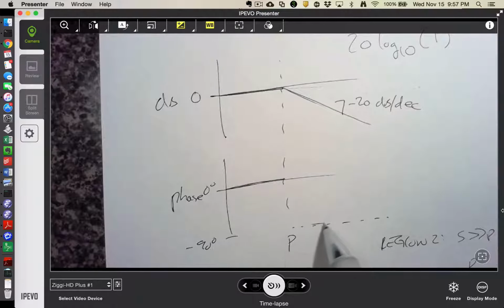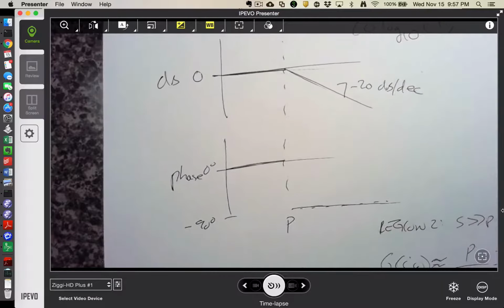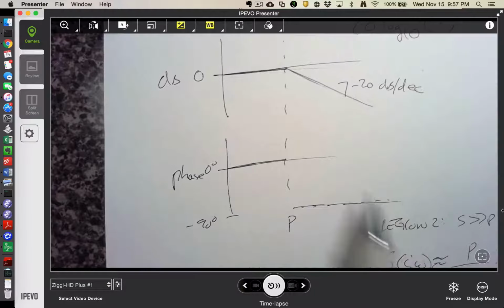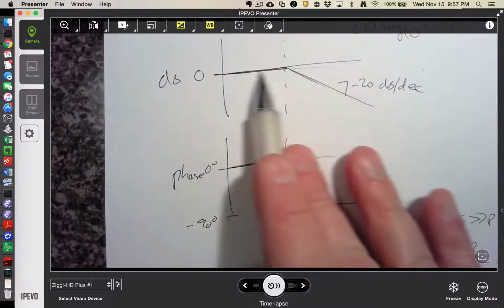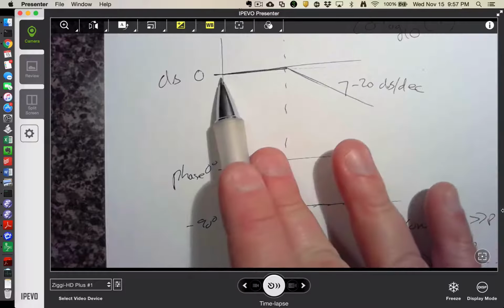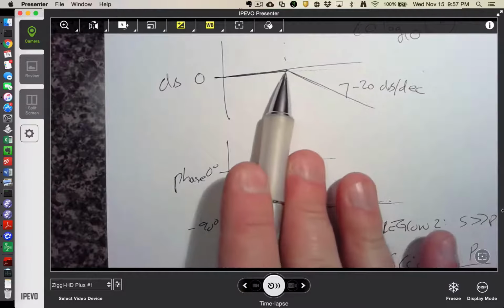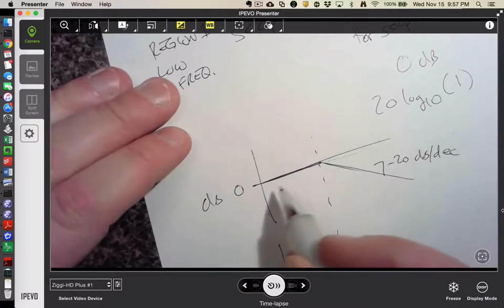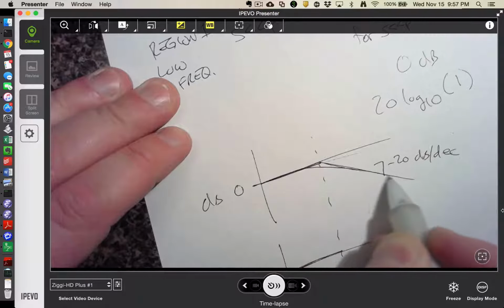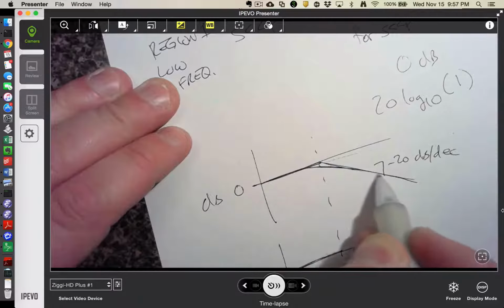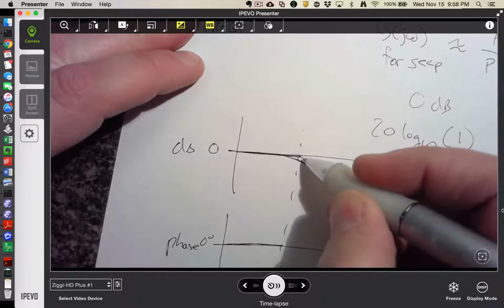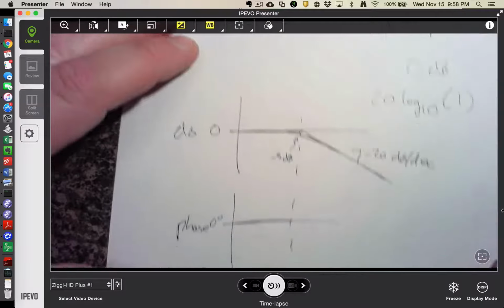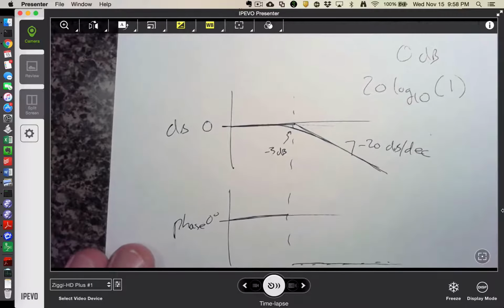So if we were just talking about asymptotes, we would draw 0 degrees phase at low frequencies, minus 90 degree phase at high frequencies, a horizontal line with 0 slope through 0 dB at low frequencies, and then a line of minus 20 dB per decade at high frequencies. And then we just kind of fudge that curve in a little bit, and it'll work out that this is minus 3 dB right at the omega equal P corner frequency.